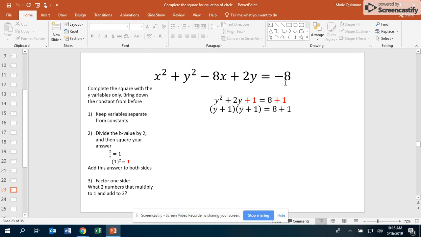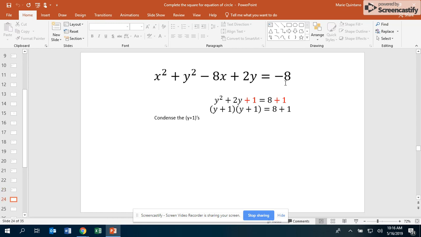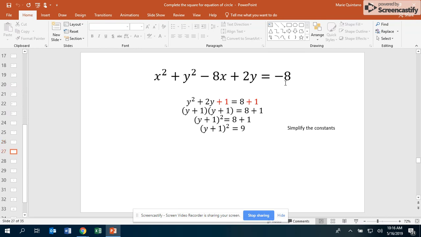I condense my factors, clean it up a bit. y plus 1 squared equals 8 plus 1. I simplify my constants, and I have y plus 1 squared equal to 9. This is where we will stop.